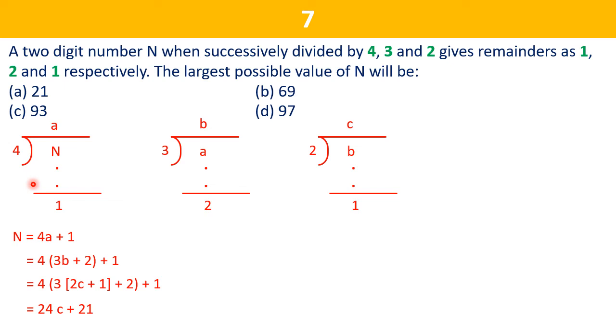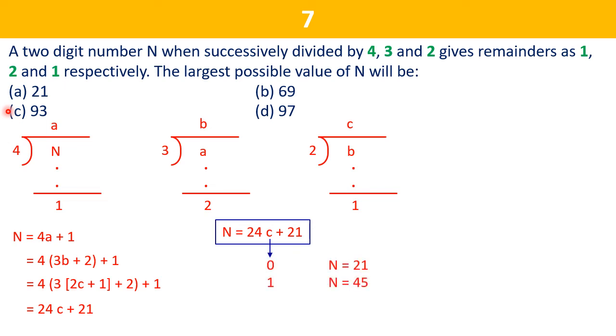Now we need to decide what can be the value of c to get the largest possible value of n. And n is said to be a 2-digit number. So largest 2-digit number हमको पता लगाना है. So in this number, n is equal to 24c plus 21. If I take c equal to 0, n will be equal to 21.